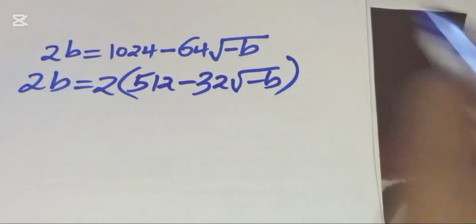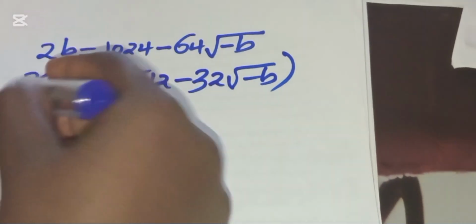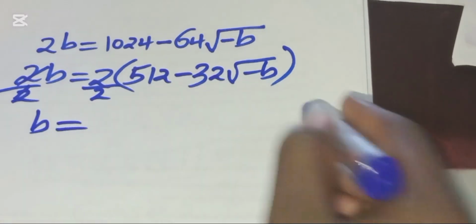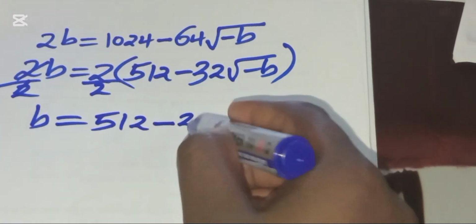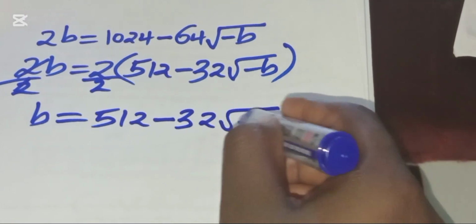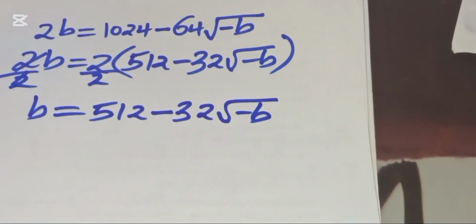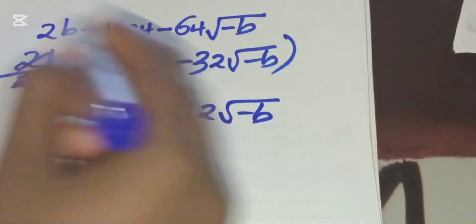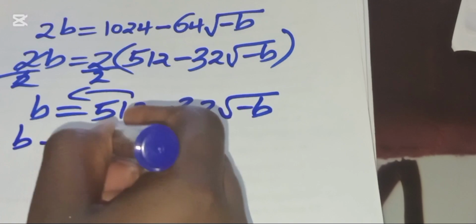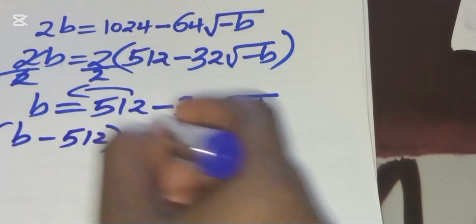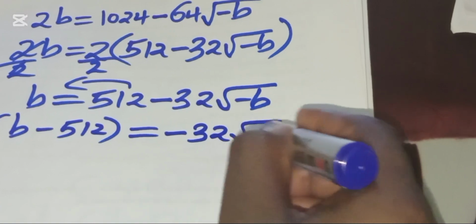Now if we simplify by 2, the value of b is equal to 512 minus 32 square root of negative b. Okay, now from what we have, let's take 512 to the left hand side, so that we'll have b minus 512 equal to negative 32 square root of negative b.